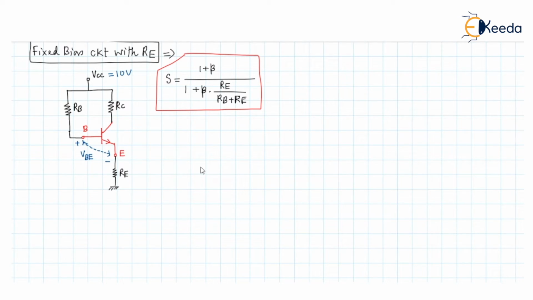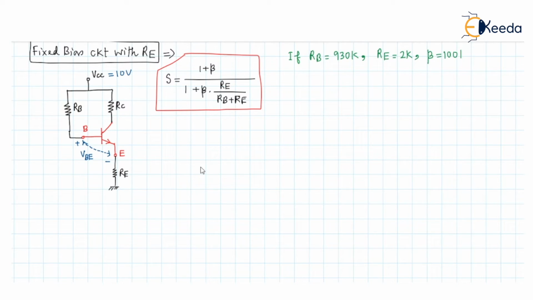Now let us take an example. Assume the RB value is 930K, the RE value is 1 kilo ohm, and the beta value is 100.